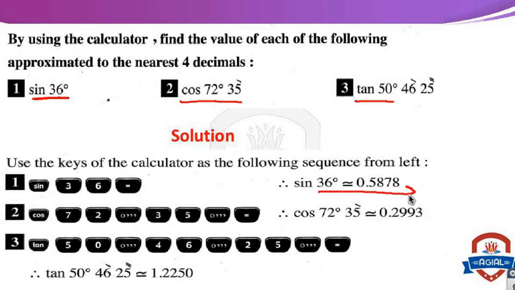Number 2, cosine 72 degree 35 minutes: press cosine 72, comma, 35, comma, equals. Number 3, tan 50 degree 46 minutes 25 seconds: press tan 50, comma, 46, comma, 25, comma, equals. Then tan 50 degree 46 minutes 25 seconds equals this.